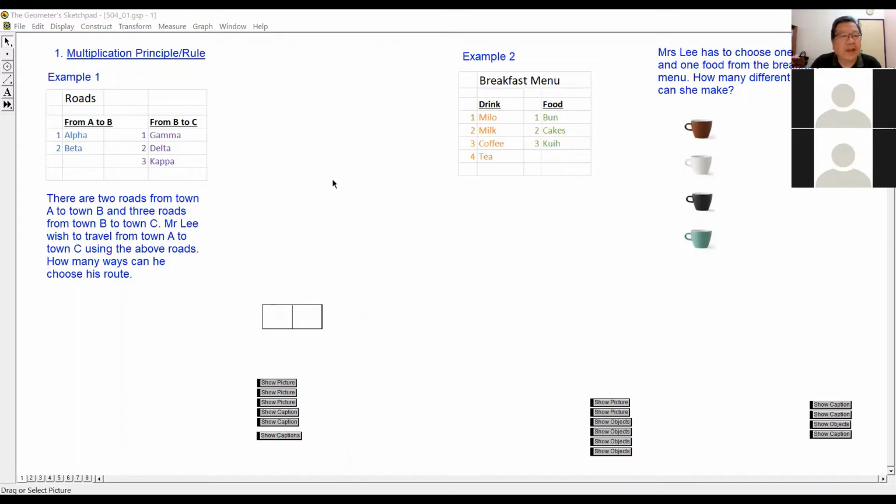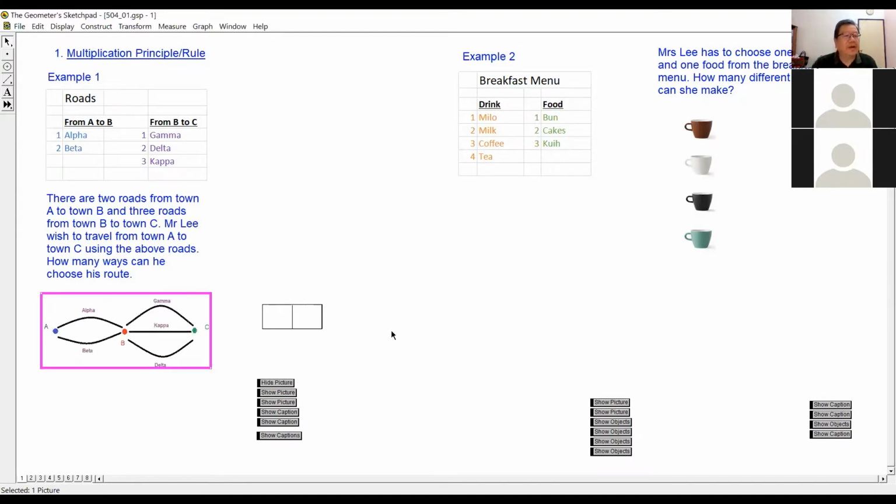Right. So let's see the picture. The picture is something like this. From A to B, there are two black lines. Each line represents one road. So you can either use alpha or beta. Then from B to C, you have three black lines.